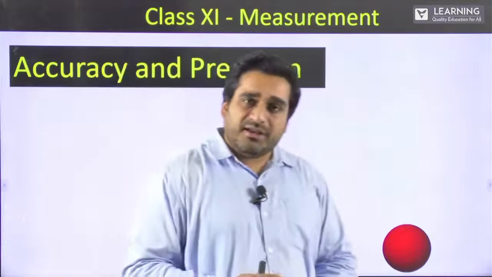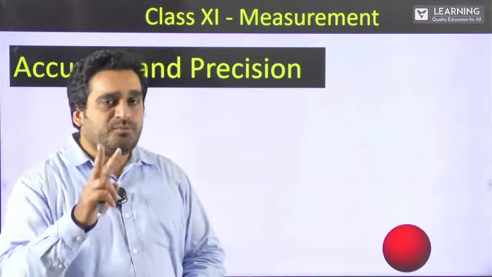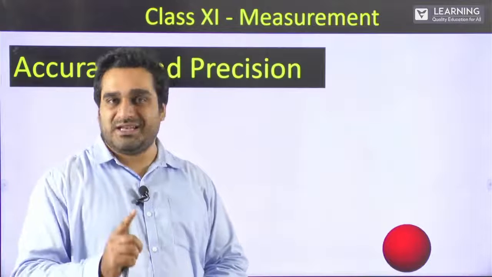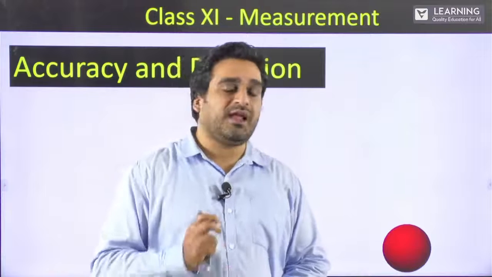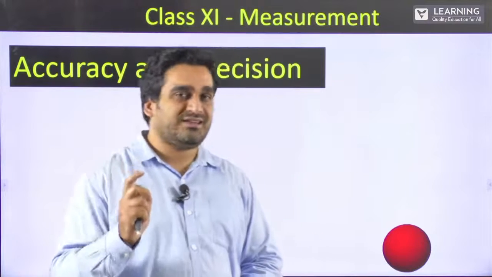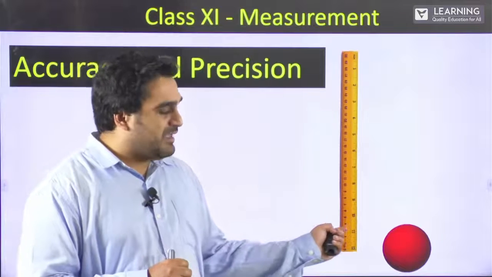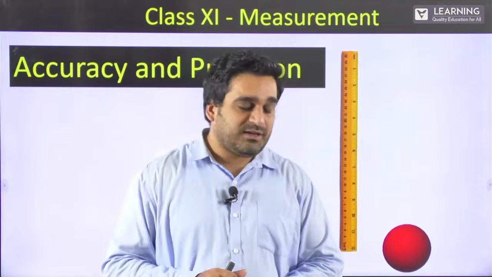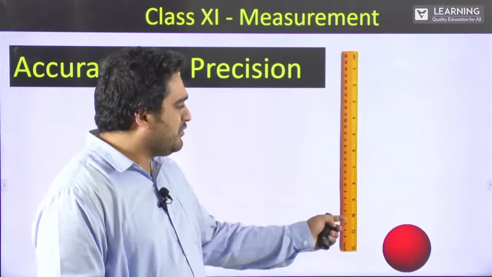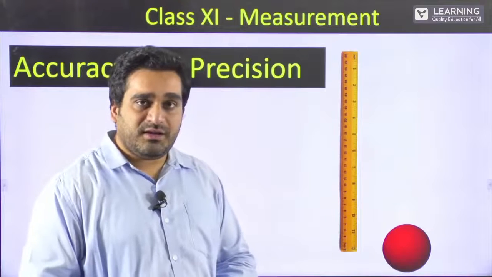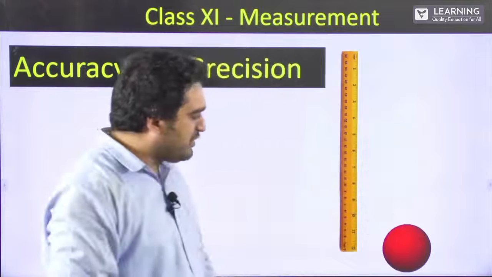In order to determine the velocity of the ball, you need two parameters: one is the length, the other is the time, because velocity can be calculated as V equals distance by time. In this particular case, you use a ruler to determine the distance at which the ball falls to the ground.